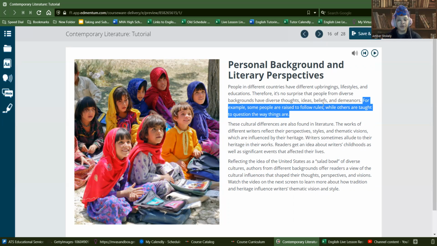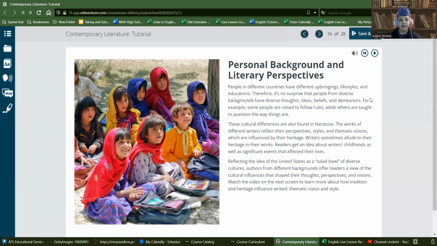But not everyone grows up being taught those values, especially if you're moving from a different country to the US. It might be very jarring and odd for people to question things all the time and not trust their government or the community around them to take care of them.